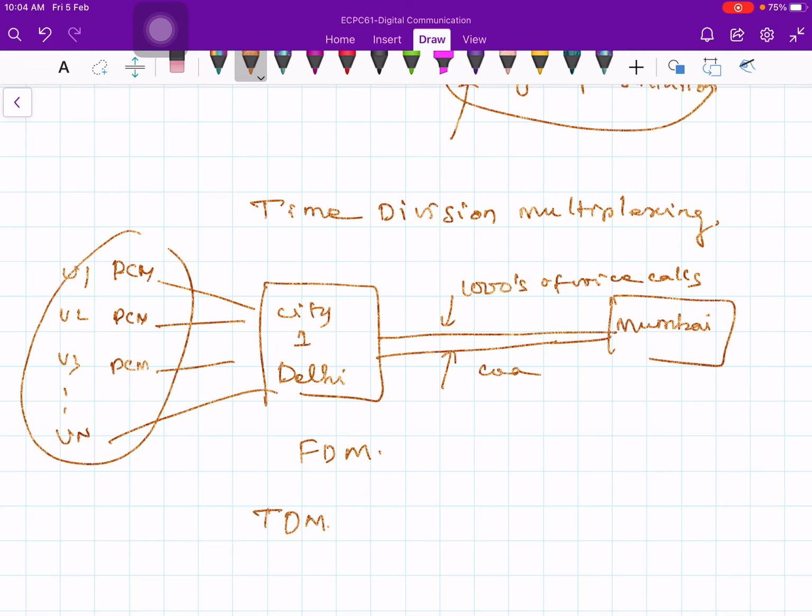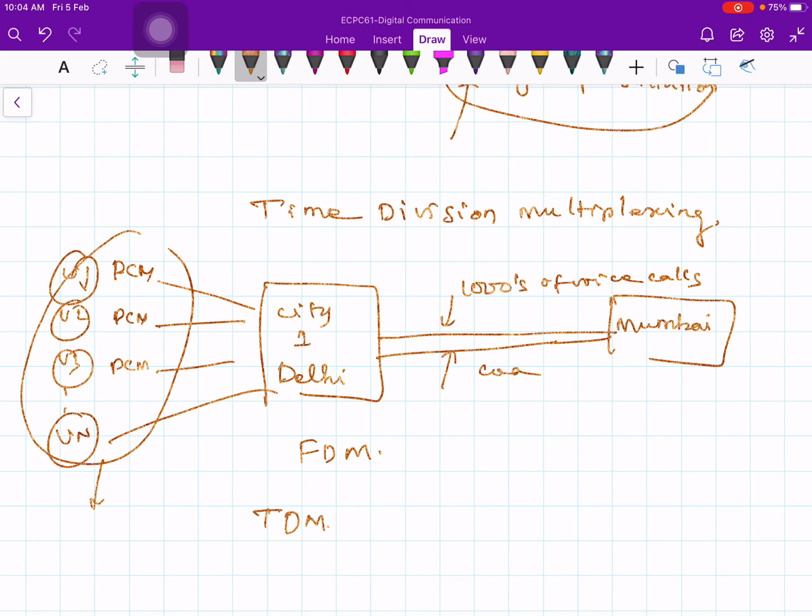Basically the idea of time division multiplexing is that you have a lot of voice signals emerging. Typically you will not be using the entire period for transmitting one bit or one word. Our voice signal is a low data rate signal, right?